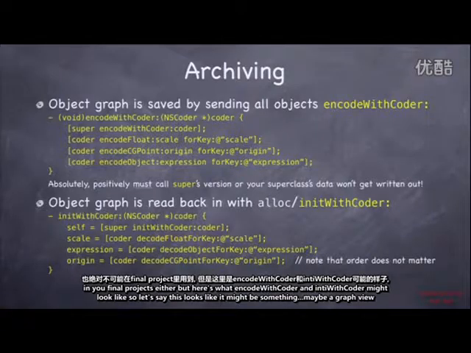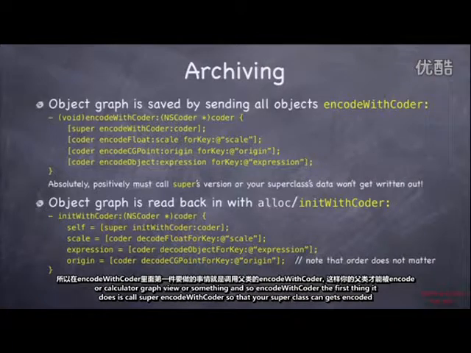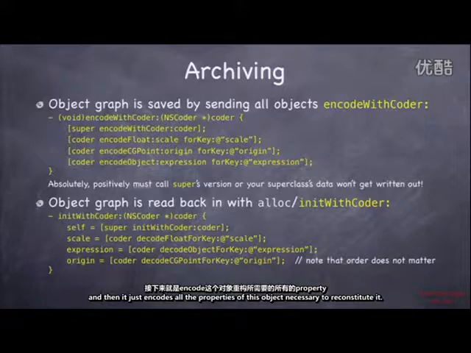So let's say this looks like it might be a graph view or calculator graph view or something. And so encode with coder, the first thing it does is call super's encode with coder, so that your superclass gets encoded. And then it just encodes all the properties of this object necessary to reconstitute it.